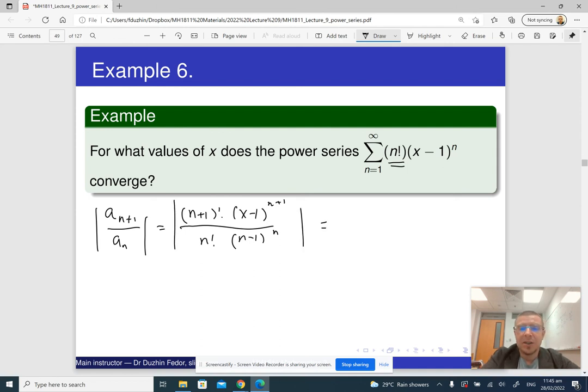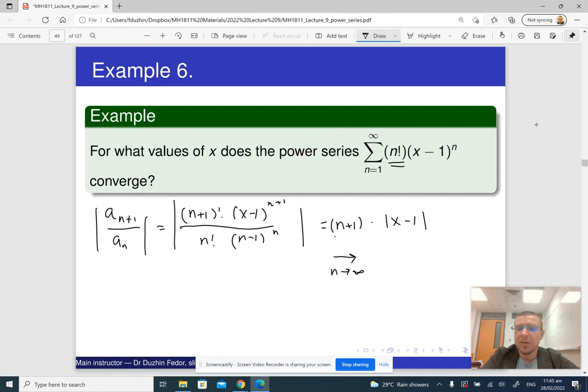And again, just like in the previous example, n plus 1 factorial divided by n factorial is just n plus 1, times absolute value of x minus 1. Right? And the question is, what is the limit of this expression as n goes to infinity?